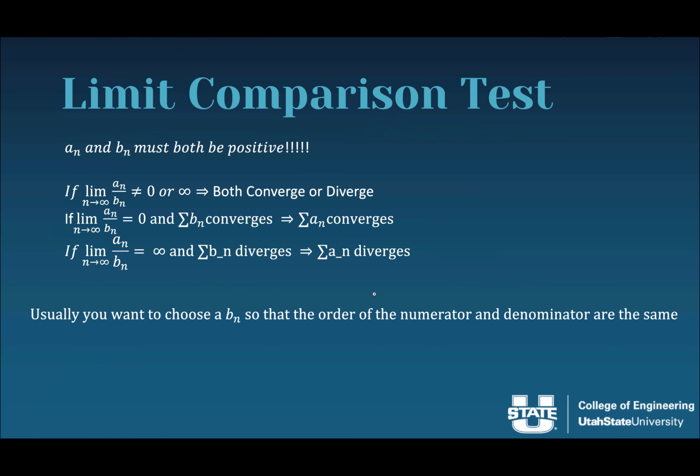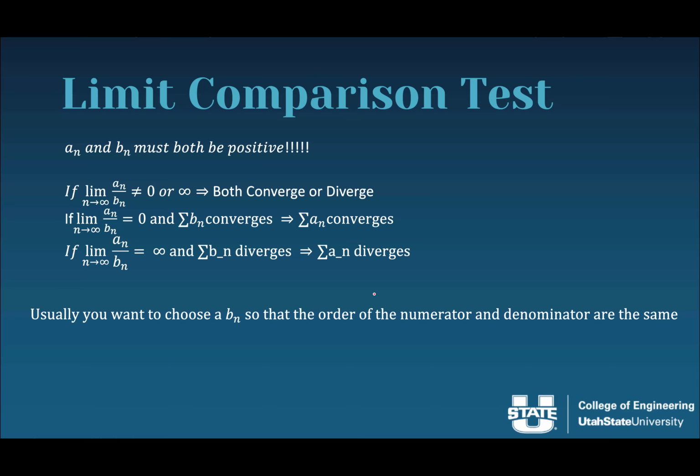Okay. Do you guys want me to try and find another direct comparison test example real fast, or do you want to move to limit comparison test? Move on? Okay, awesome. All right, so the limit comparison test. This is somewhat similar to the direct comparison test in that we have to choose our own b sub n and then see if it converges or diverges.